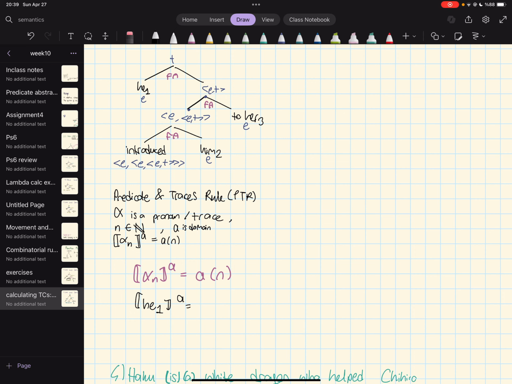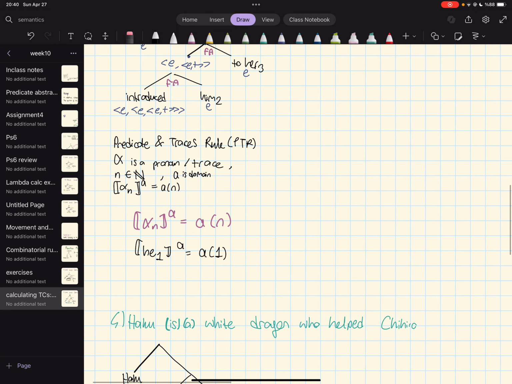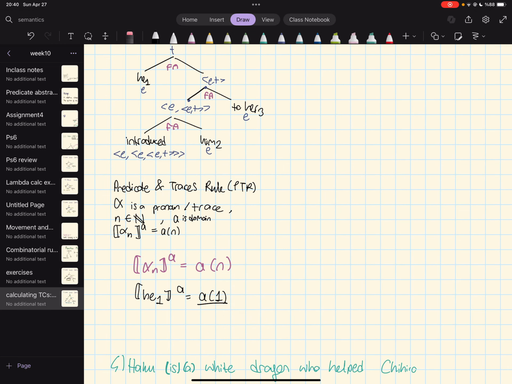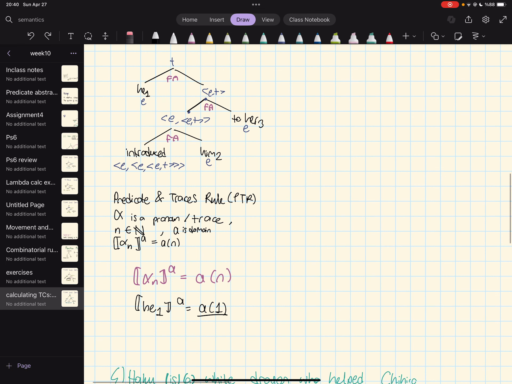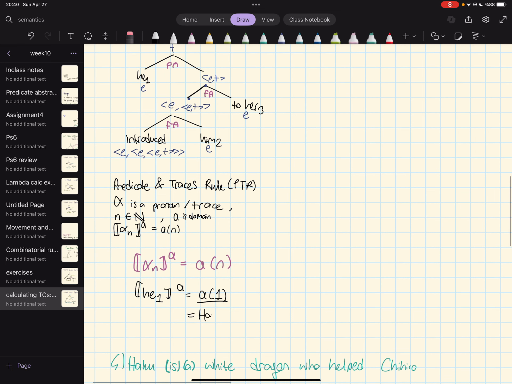Then the denotation of he would be, in the domain of A, A taking n, in this case 1, as its argument. And we would simplify this by looking at what A maps 1 to. So I'm taking a look at the assignment function A, and it maps 1 to whole. Therefore, by simplifying this, I would get the meaning whole. Something like this. It's easy.